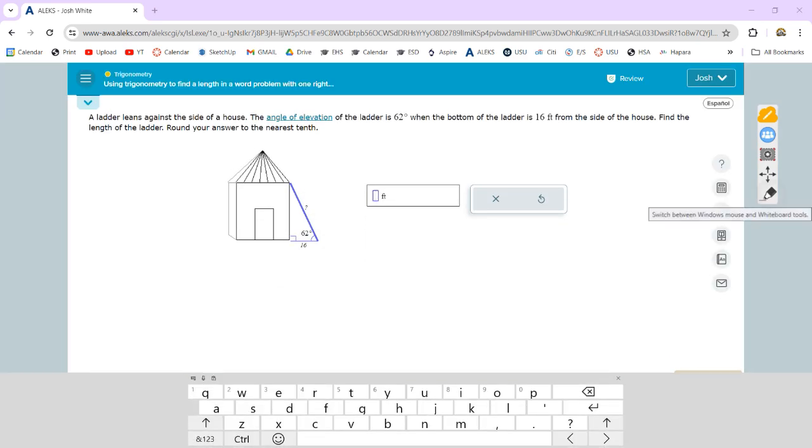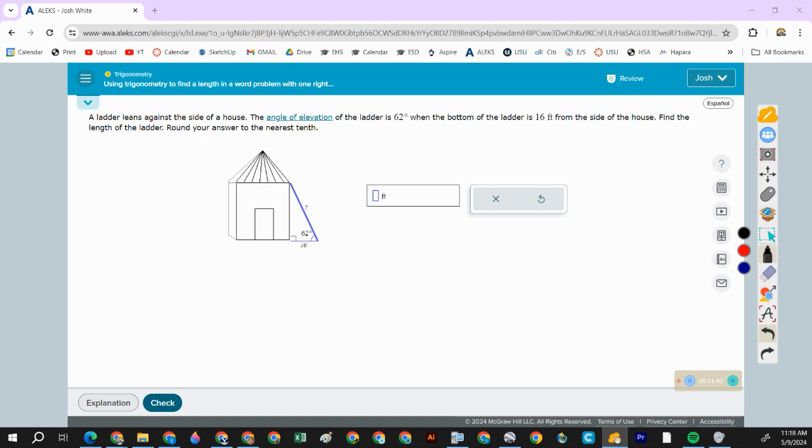All right, same thing here. Here we have a house. A ladder is leaning against the house. And we have a 62-degree angle of elevation created where the ladder and the ground meet. And the base of the ladder is 16 feet from the house. Which trig ratio am I going to choose? Cosine.